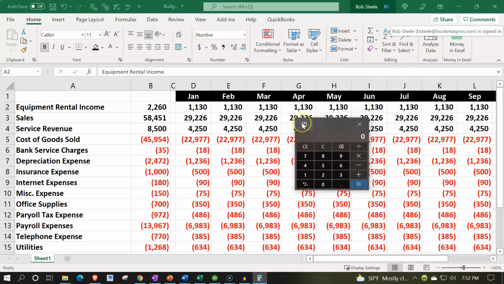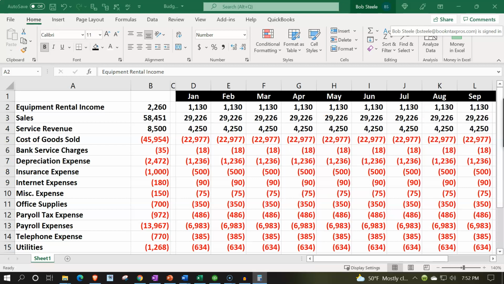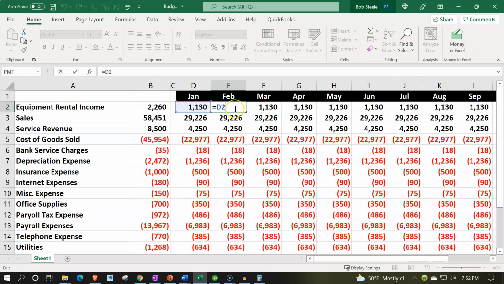So the 1130 times 0.05 plus the 1130 would be the 1186, or I can take the 100% plus the 5%, 105% times the 1130 to get to the 1186. So that's what I'll do in February. Instead of just taking the prior number, I'm going to take it times the 1.05. And there we have it.